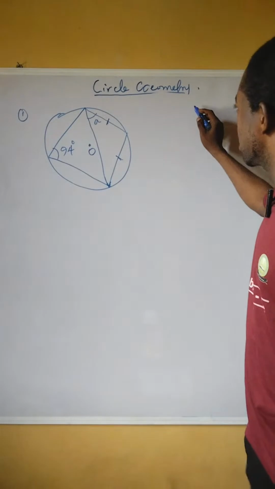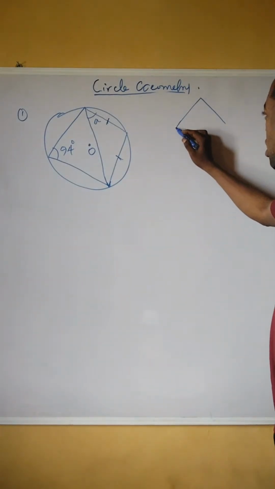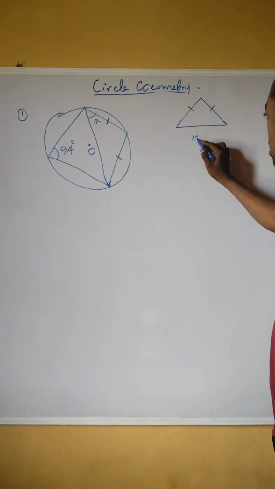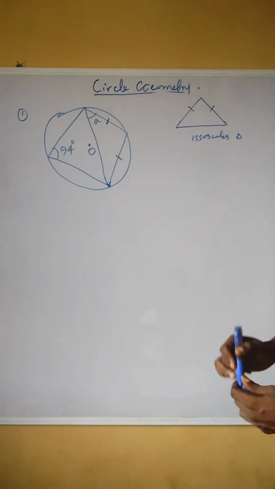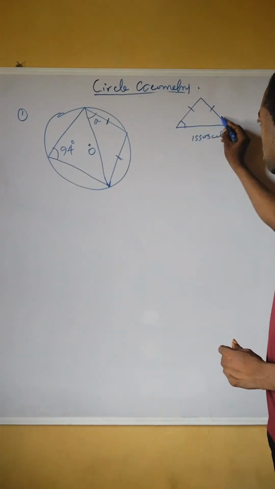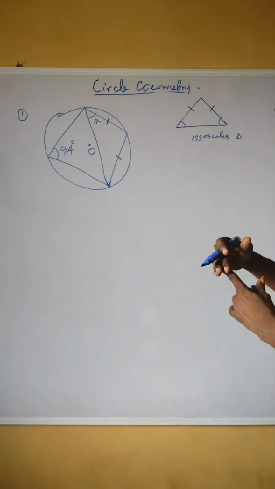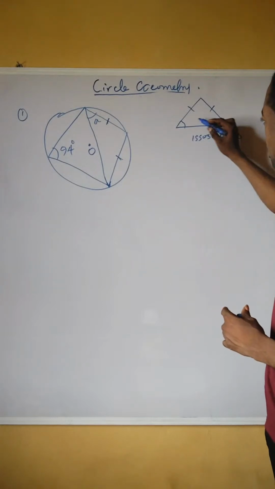And don't forget that whenever we have a triangle and two sides of that triangle are equal, it is called an isosceles triangle. And for an isosceles triangle, we always have the base angles equal. The third side is the base, and the angles at that base are also equal.